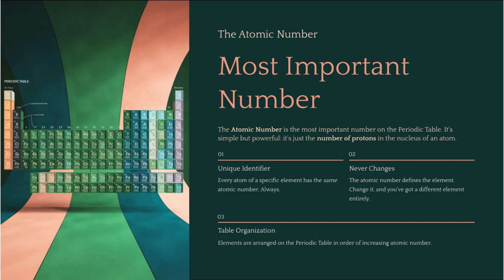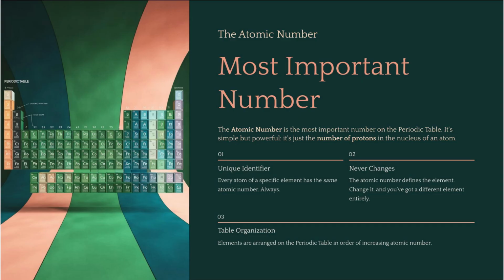Every single element has a special number called the atomic number. We already talked about what makes an element, its unique count of protons. So, the atomic number is simply a count of the protons in the nucleus. This number is the main way the periodic table is organized, making it the most important piece of information you can find about an element.